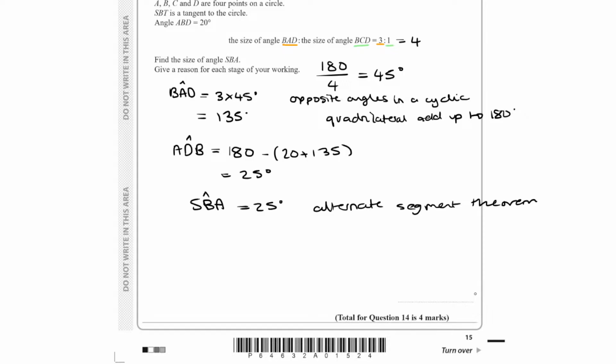Then you get 2 marks at the end. One is for stating that you've got 25 as your answer, and the other is for the reasons. They've said both reasons, so you have to specify the cyclic quadrilateral and the alternate segment theorem, both of those.